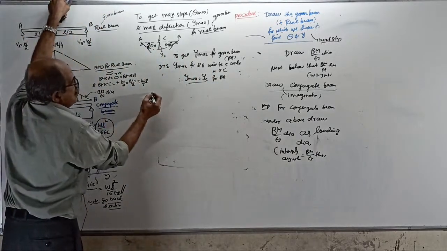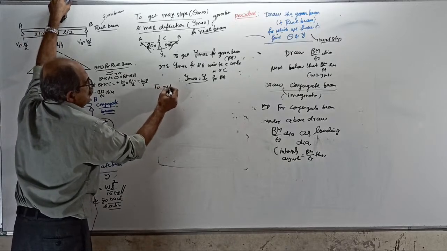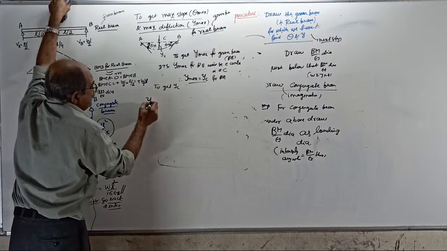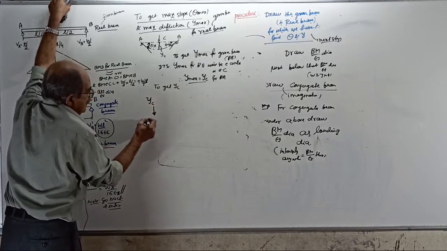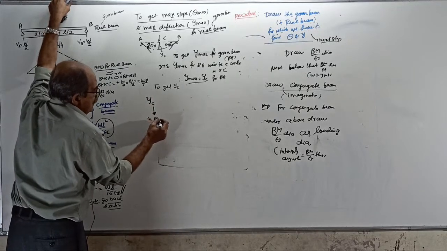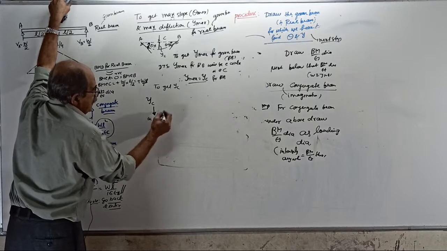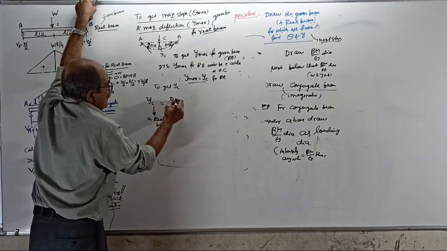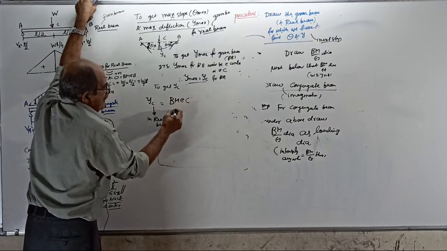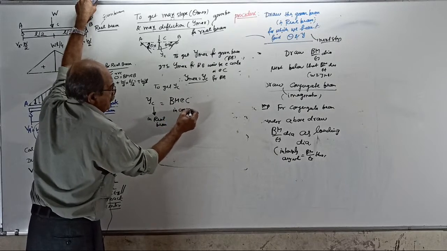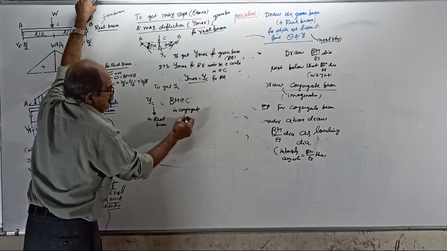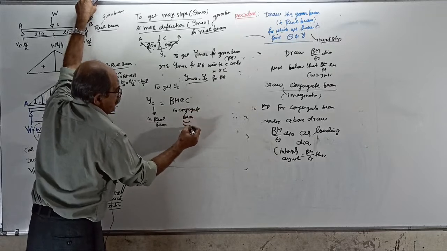Now, to get YC down in the real beam, it equals the bending moment at C in the conjugate beam, sagging positive.